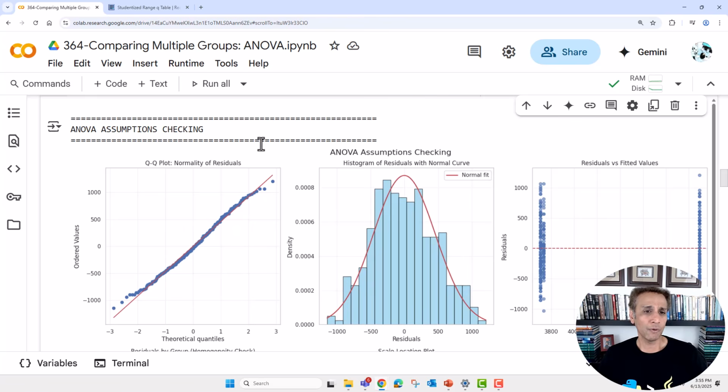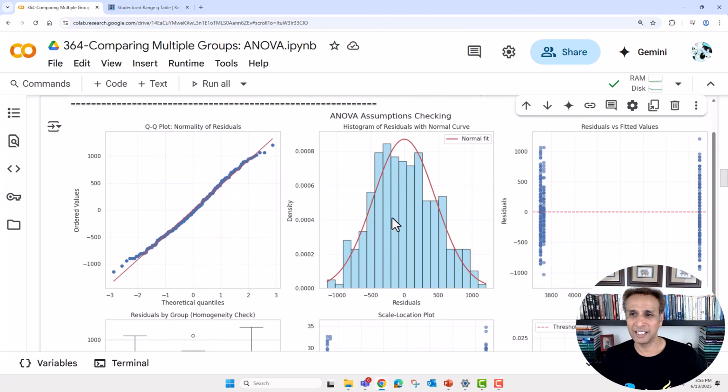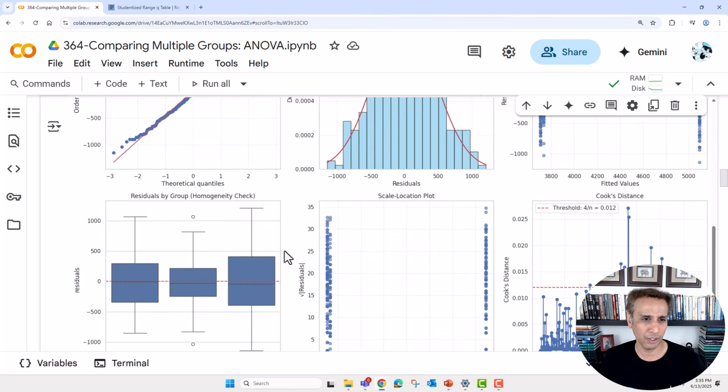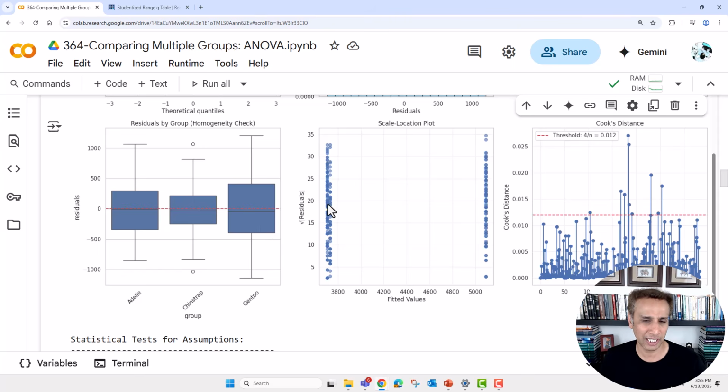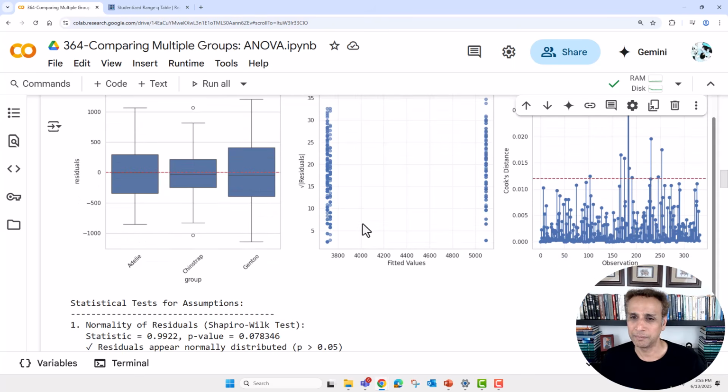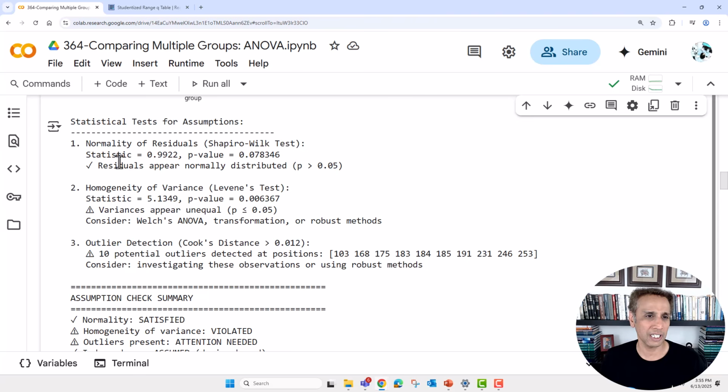Okay, so ANOVA assumptions, we are checking all these assumptions right there. Residuals homogeneity check, and the statistical test for normality of residuals says they appear normally distributed. P is greater than 0.05 because it's 0.07 right there.